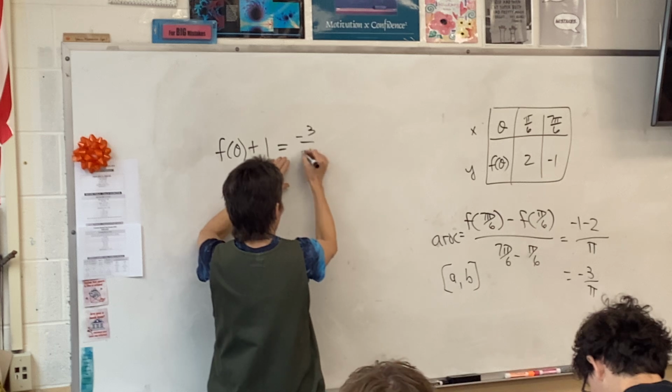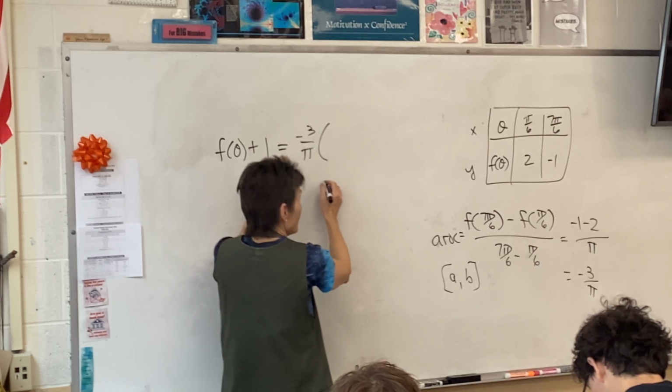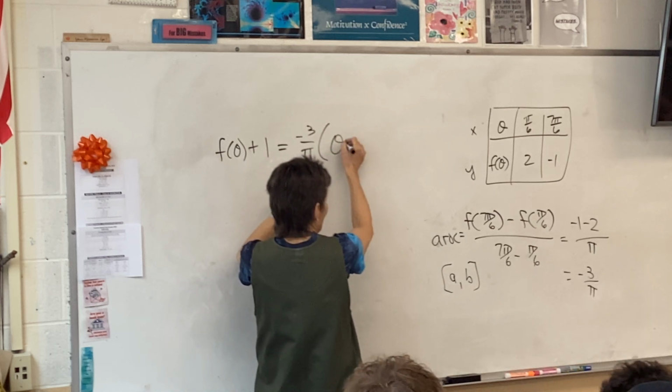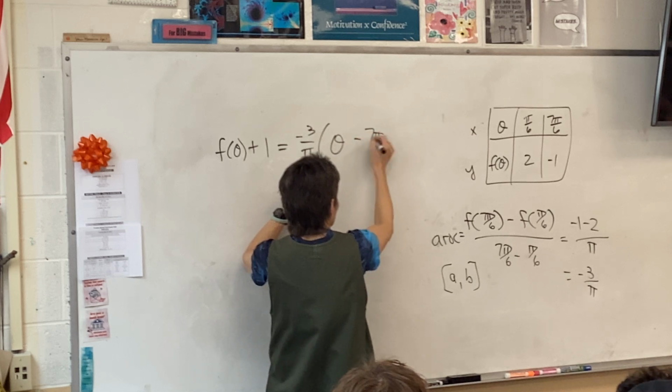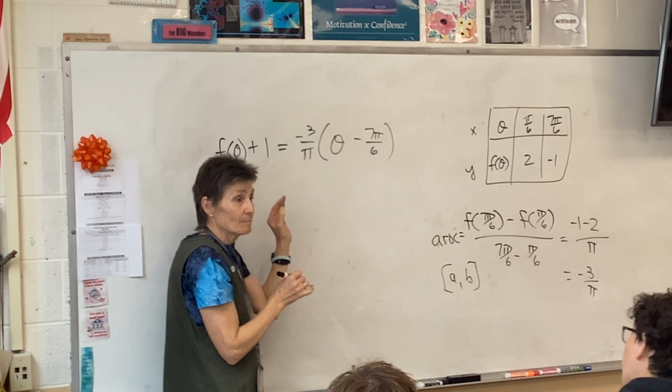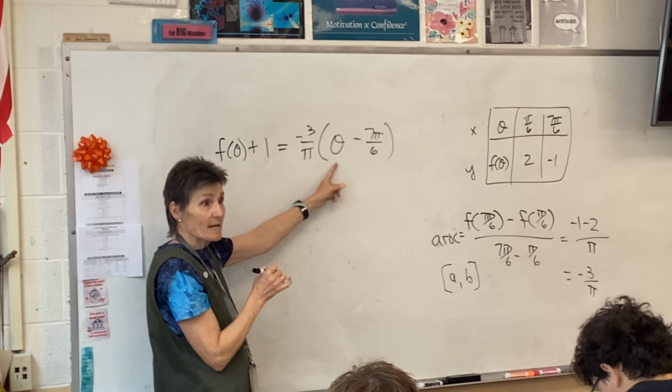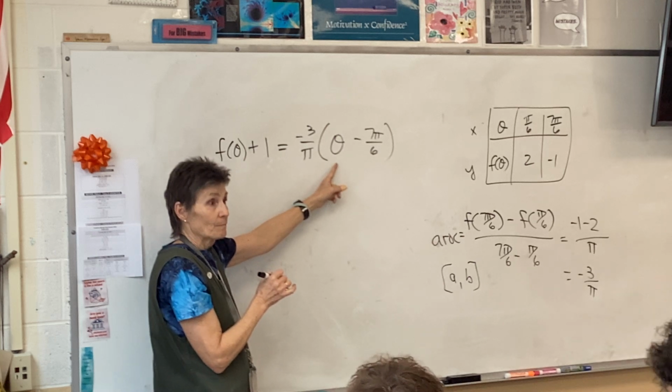Negative 3 over pi times theta minus 7 pi over 6. This is y, that's x.